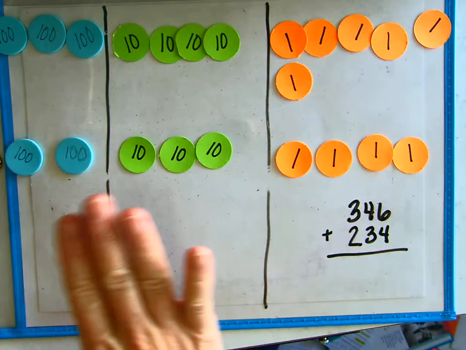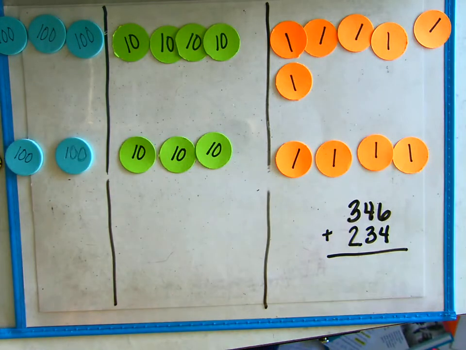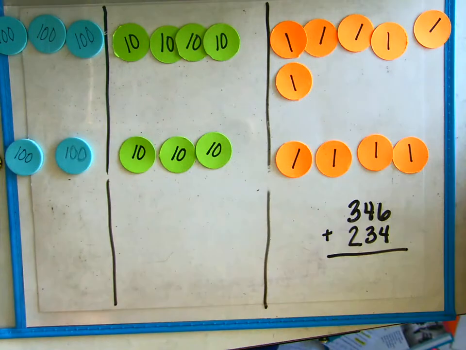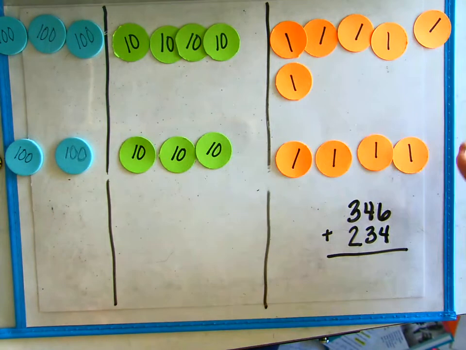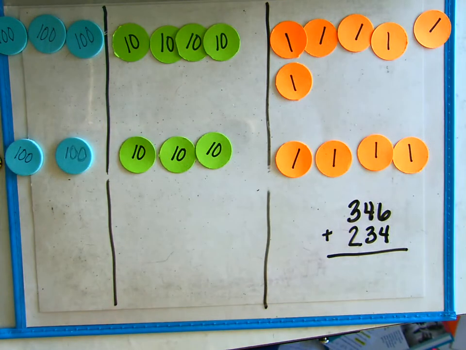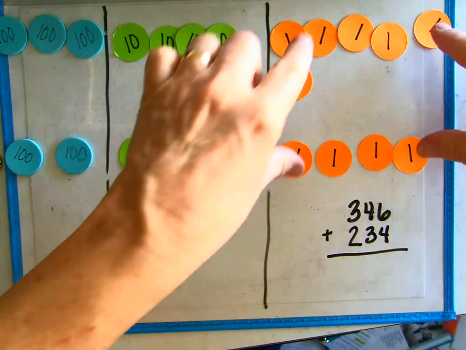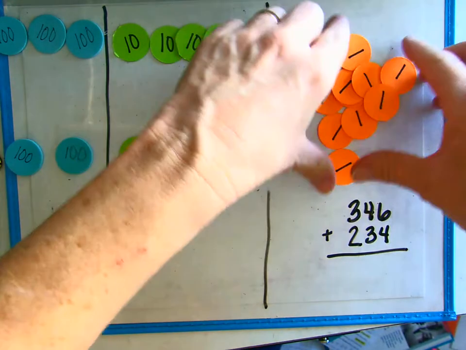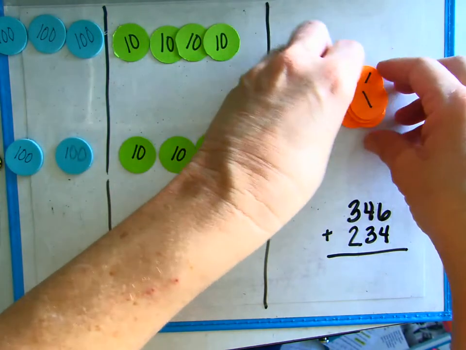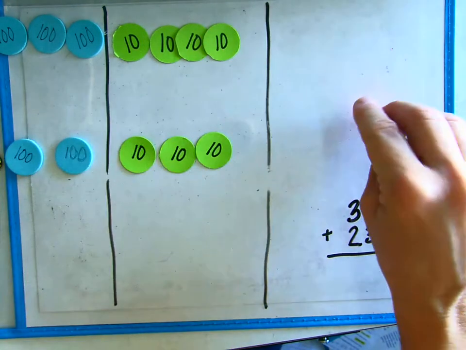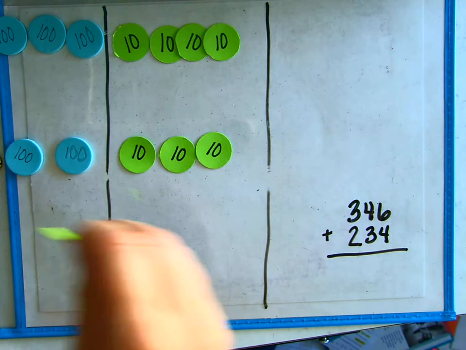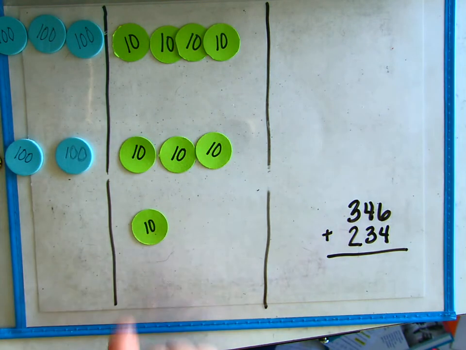346, 234. So we're going to start here with our ones. We have 6 plus 4. Ooh, I can make a 10. 6 plus 4 is 10, so I'm composing or bundling up 10 ones, and I'm putting a new group of 10.